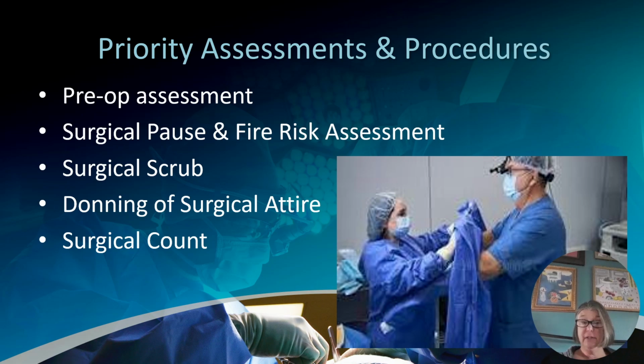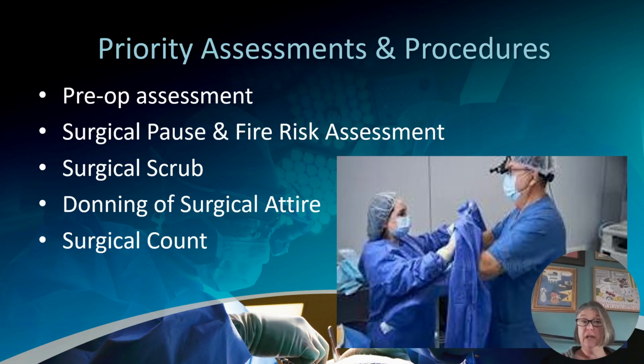Surgical count is going to be done. This is when you literally identify every single thing that is being used related to this patient. All the gauze, every single piece of gauze, every single piece of equipment, whatever you may have. It's counted, it's written down, and then when you are closing with your patient, you make sure you have accounted for, let's say we have 5 2x2s. 5 2x2s are accounted for.